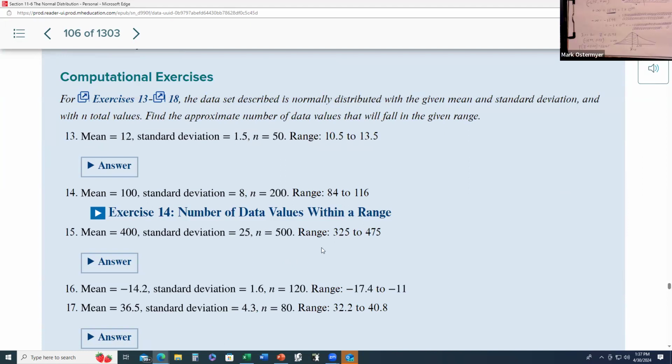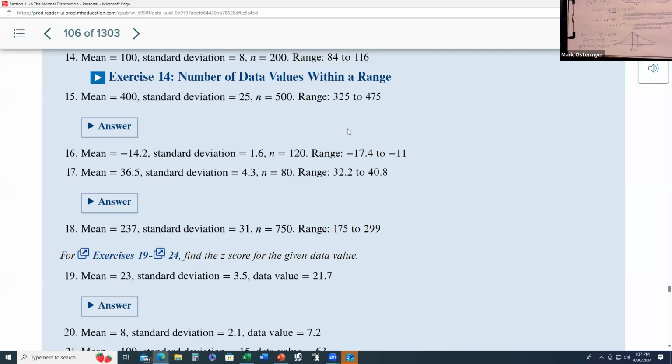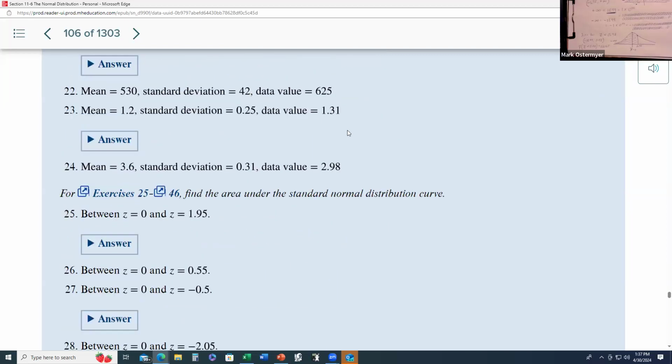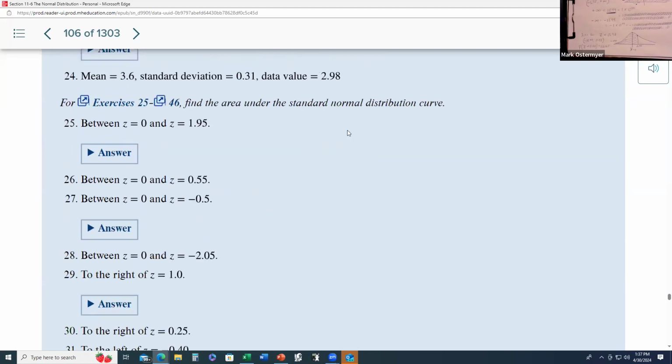What do they want us to do? This is 11.6.